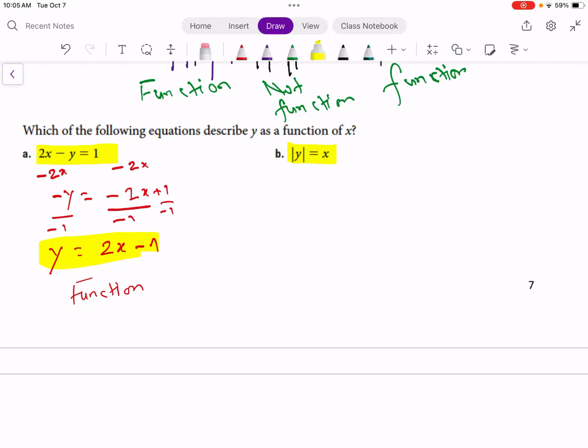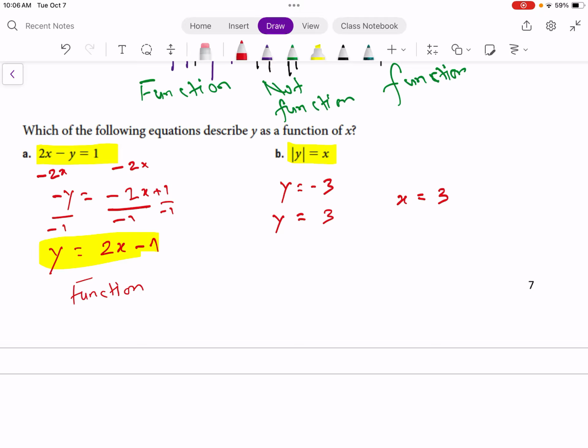So if we pick y equal to positive 3 or negative 3, what is our x? x is always equal to positive 3, right? The absolute value of negative 3 is 3, and the absolute value of positive 3 is 3. Now for one value of x, we have two different values of y. But to be a function, every value of x must have exactly one value of y.